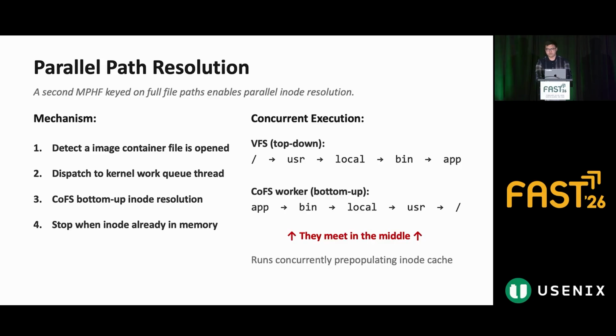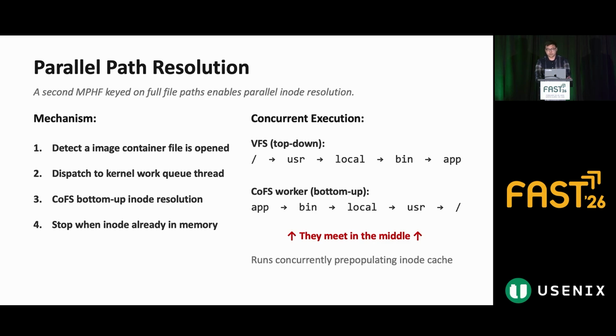At runtime, when a file open operation is intercepted and the path exceeds 3 levels of depth, CoFS will dispatch it to a kernel work queue thread. And the kernel worker will resolve the path bottom-up, starting from the leaf, computing the full path minimum perfect hash function to construct the inode, and it will stop as soon as it hits one inode which is already in memory.